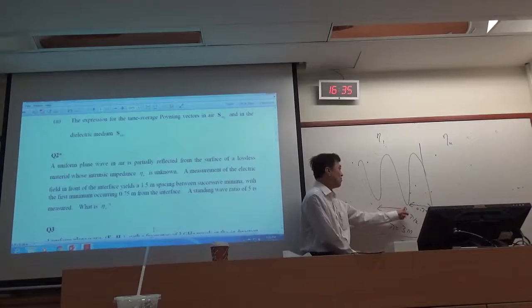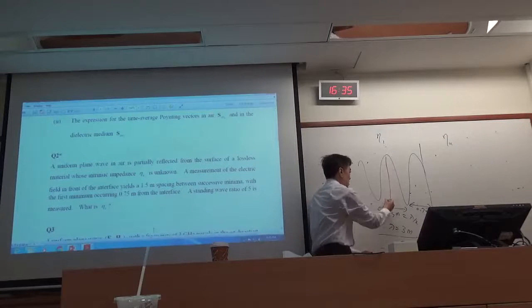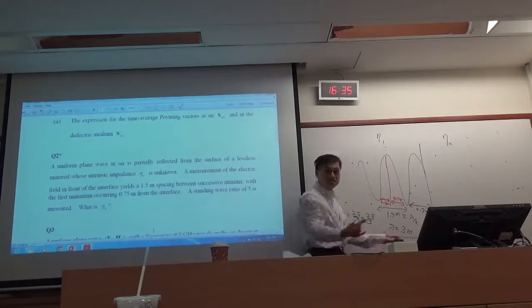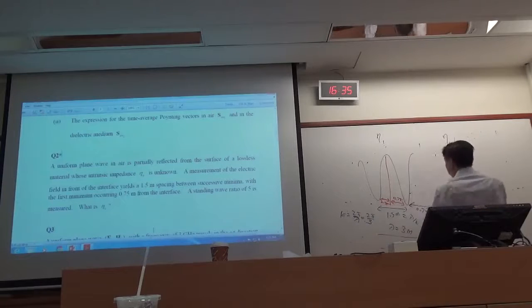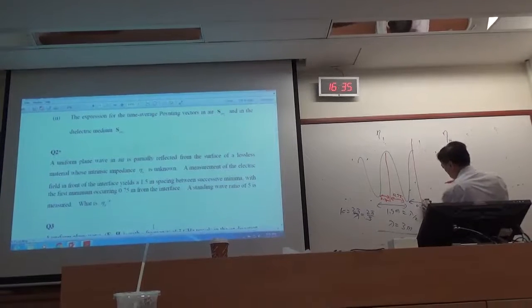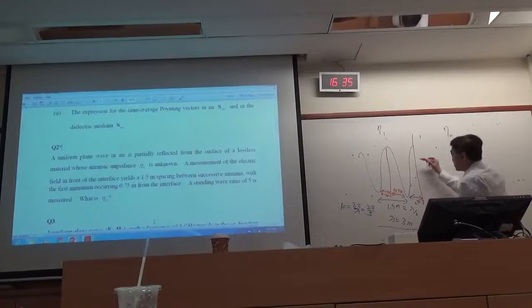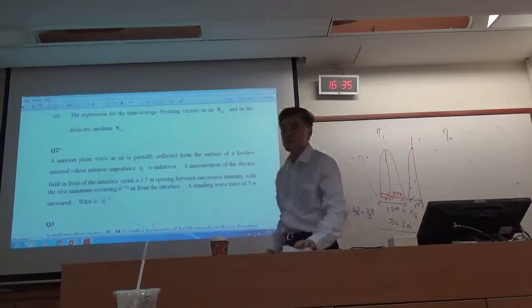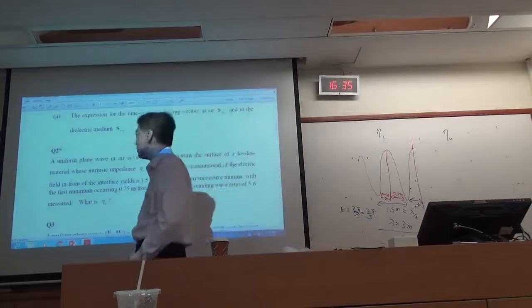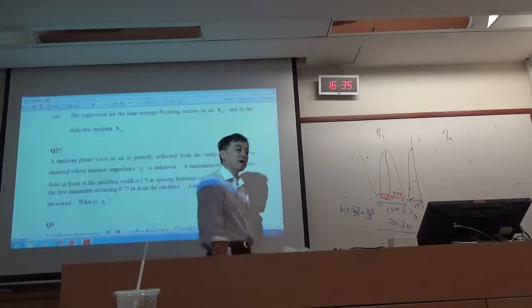If this is 1.5, the middle here should be 0.75, right? Symmetry, right? So that means the interface must be here. So at the interface there must be a maximum. That is what the standing wave looks like.